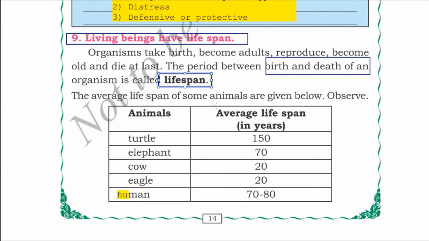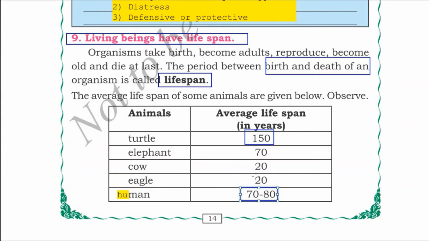Here we have the average lifespan of some animals. For example, the lifespan of turtle is 150 years, and you can see that the lifespan of elephants and human beings are quite similar. For elephants it's 70 years, whereas for human beings it's 70 to 80 years.